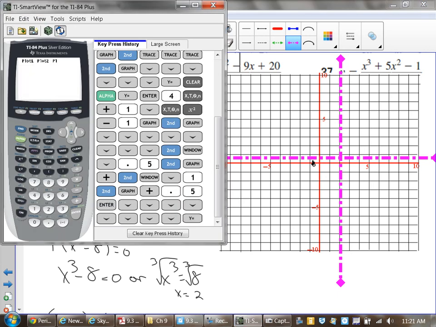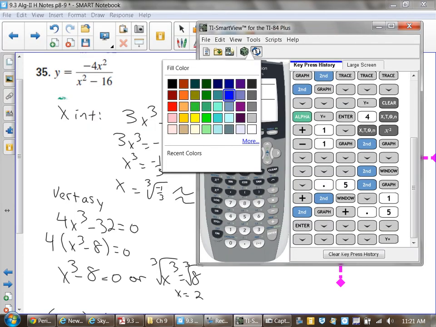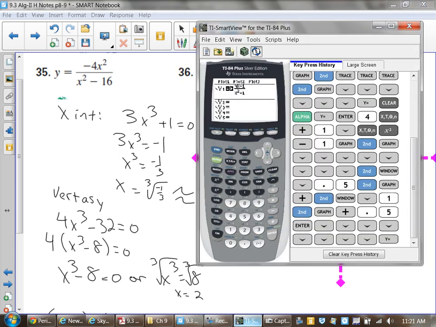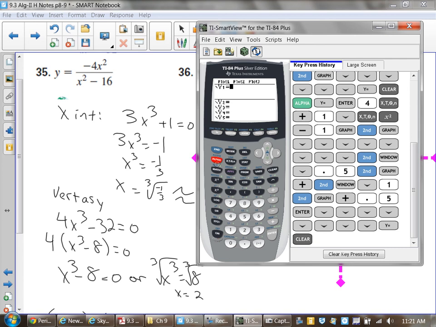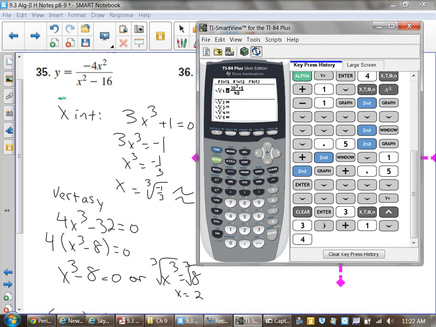So when you look at your graphing calculator, was it 3x cubed plus 1? Yeah. What's the denominator again? 4x cubed minus 32.